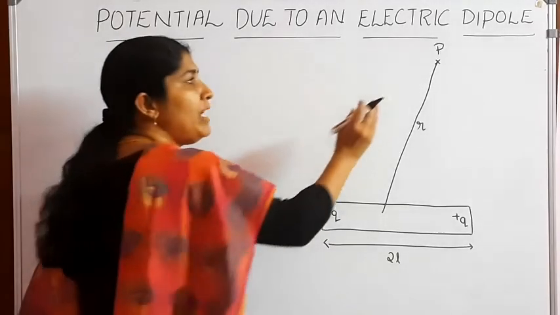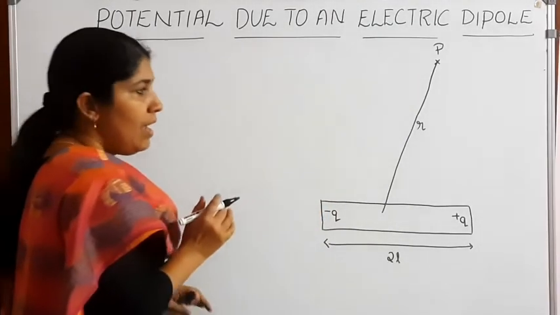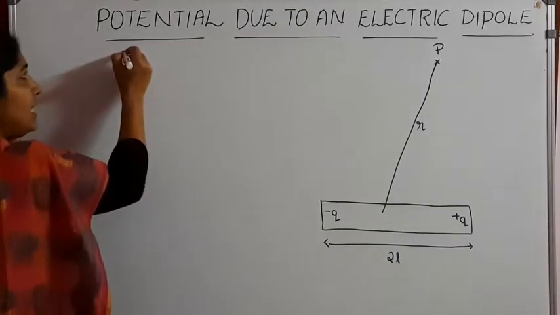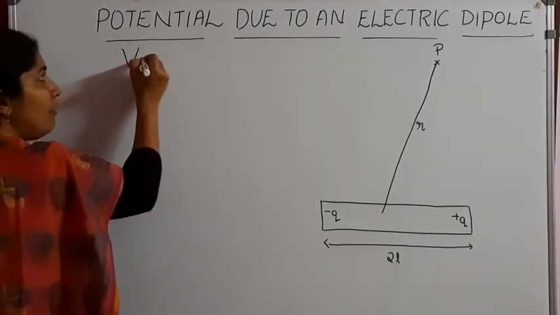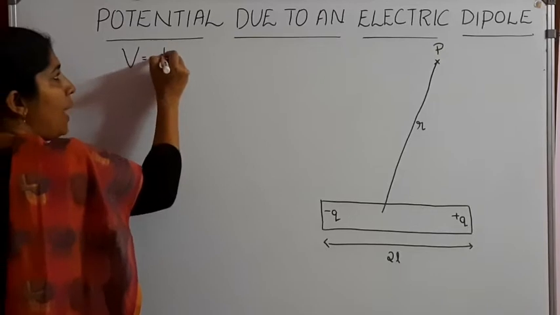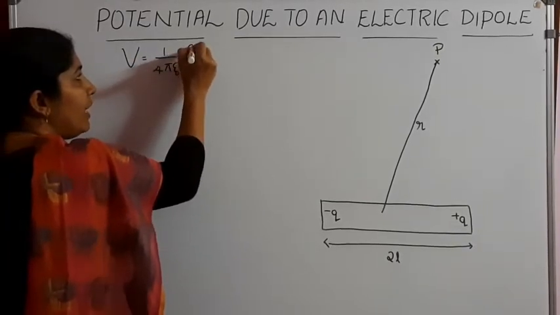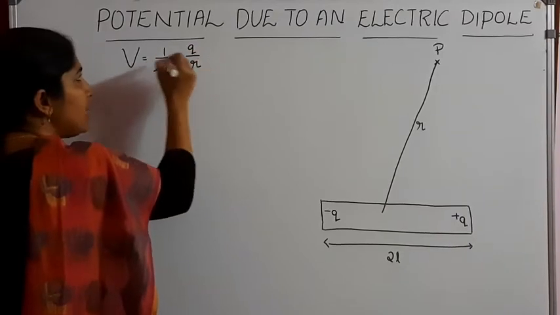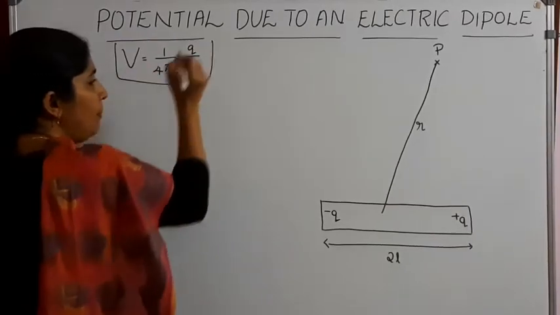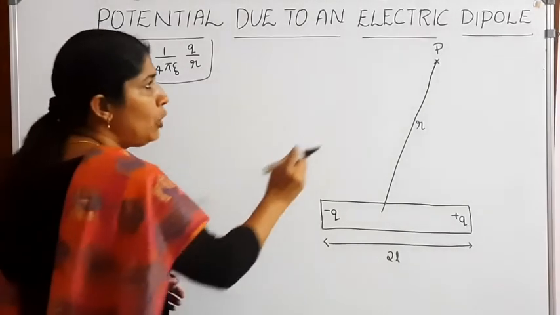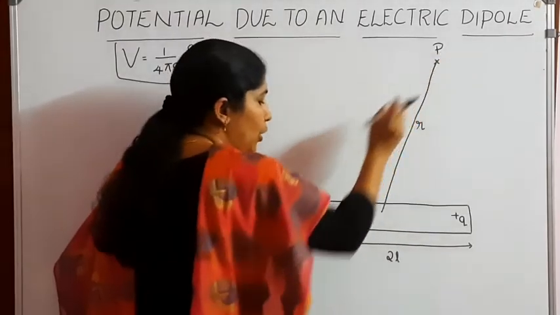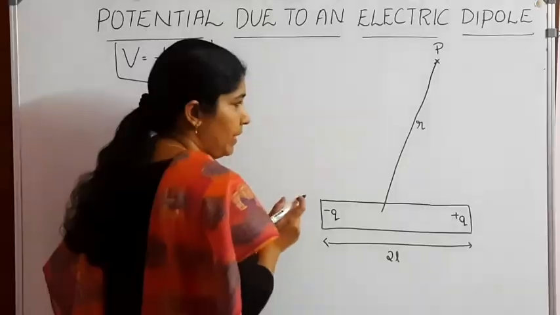What is the equation for the potential? The general equation for the potential is V equal to 1 by 4 pi epsilon 0 into q divided by r. Now, what about the potential at the point P due to the minus q charge?